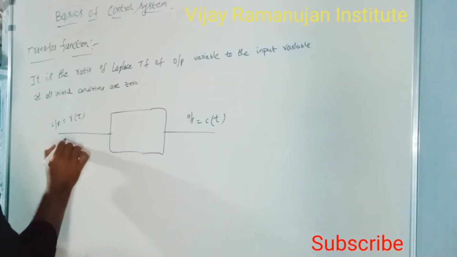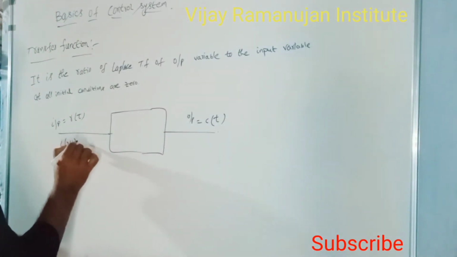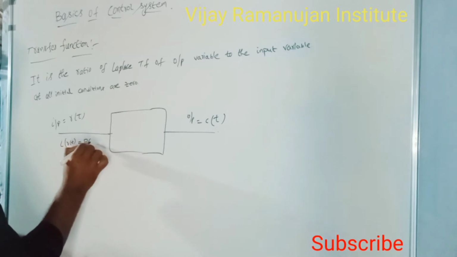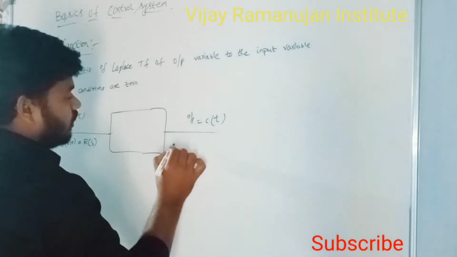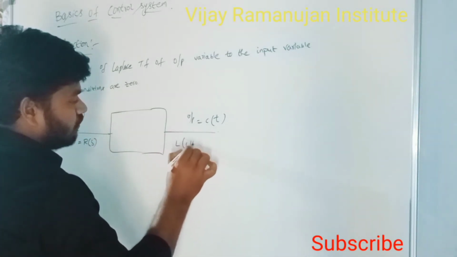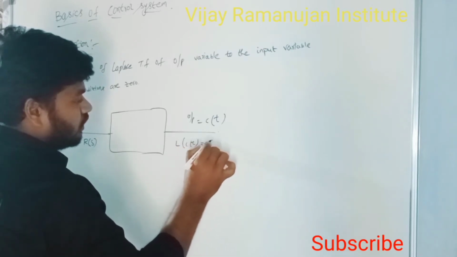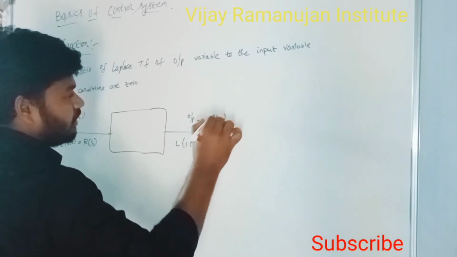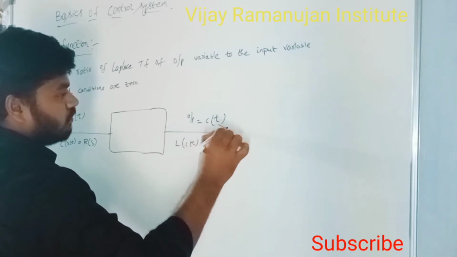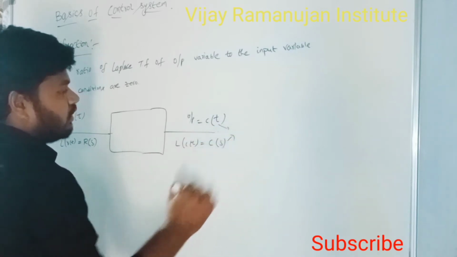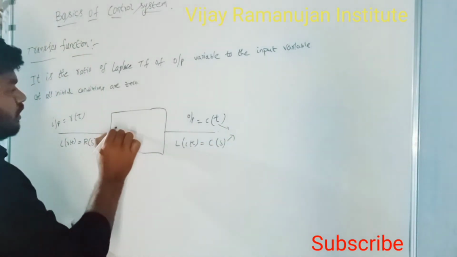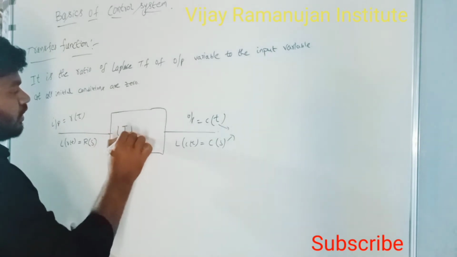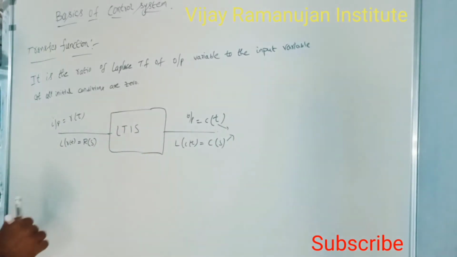The Laplace transform of r(t) will give capital R(s). The Laplace transform of c(t) gives capital C(s). It is converting time domain into s domain. Here, linear time invariant systems only. Okay, now we are going to derive the transfer function.